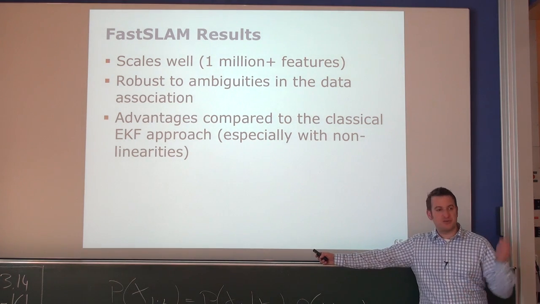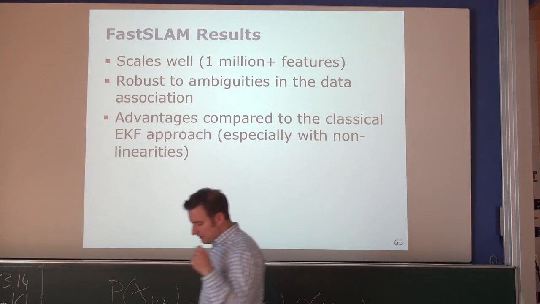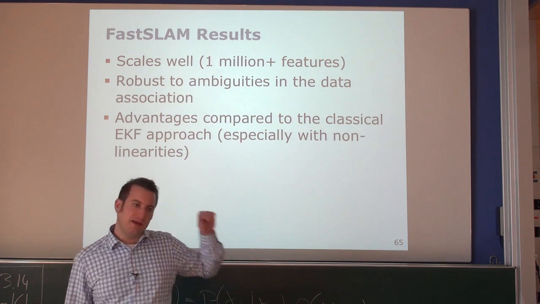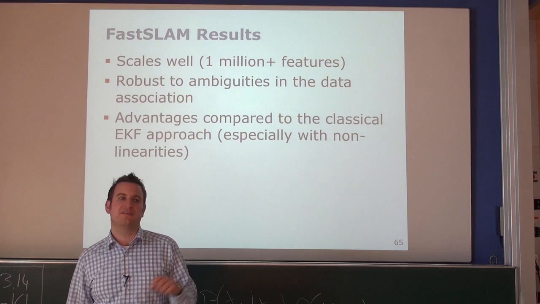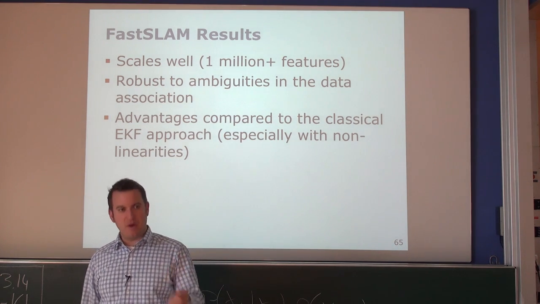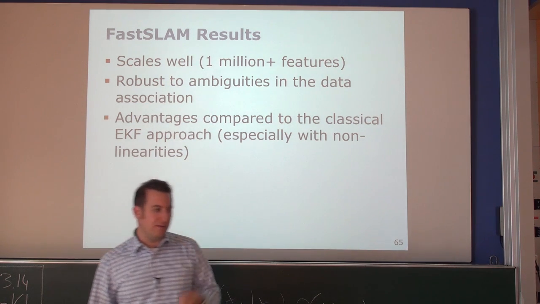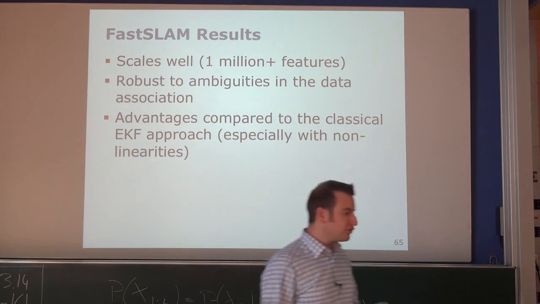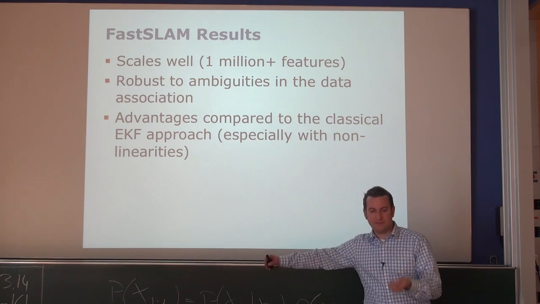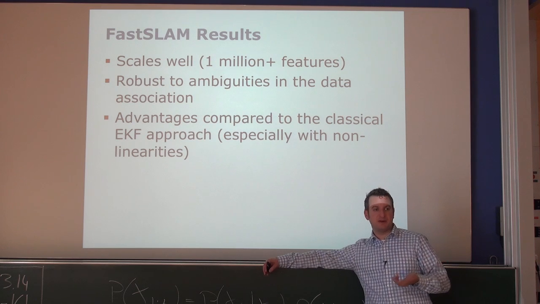And it has a further advantage, which I haven't discussed in detail here: the linearization of the motion model, from which the EKF suffers, is not a problem for FastSLAM, because you just propagate a point through a nonlinear function, namely the pose of the particle. Of course, you still need to sample around that, but it's less critical if you have nonlinear motion models, because you can propagate them in a much better way.